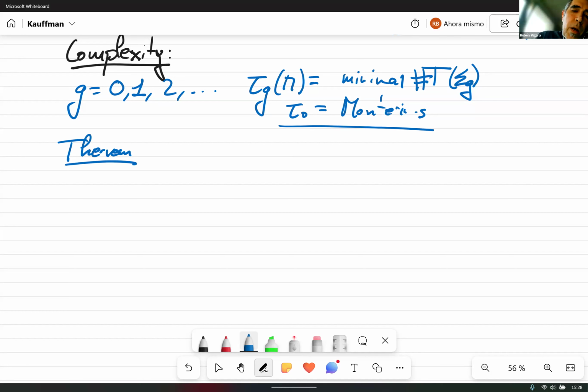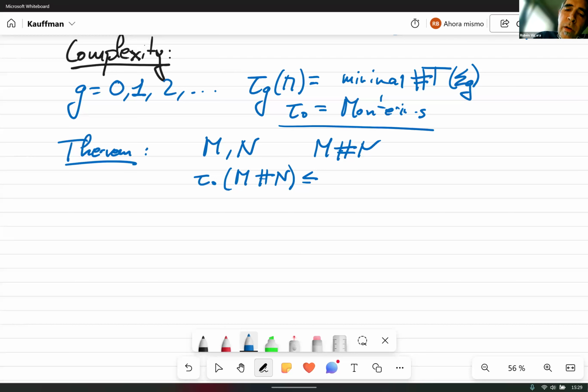If we have two three manifolds and we have their connected sum, the Montesinos complexity of the connected sum is lower or equal to the sum of the complexities of the three manifolds plus 2. And we cannot remove this 2. This inequality is sharp.